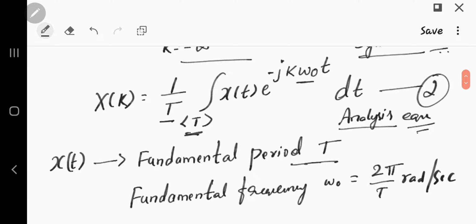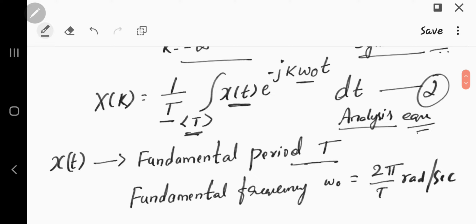Since the given signal x of t is periodic, it is sufficient to take one particular period and represent that duration. That means we represent the sine and cosine wave correlation here.